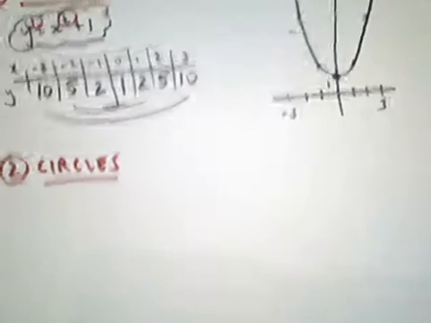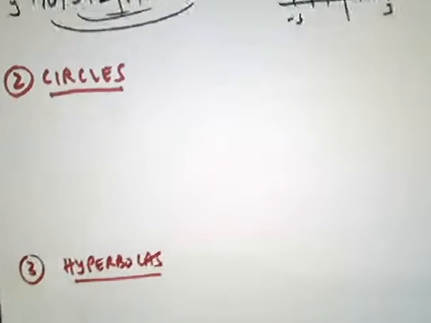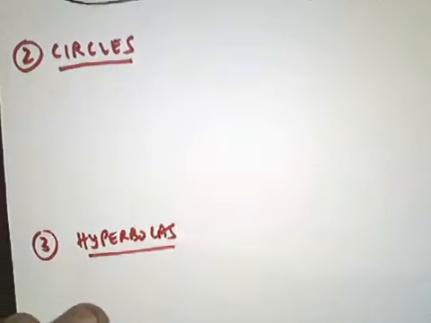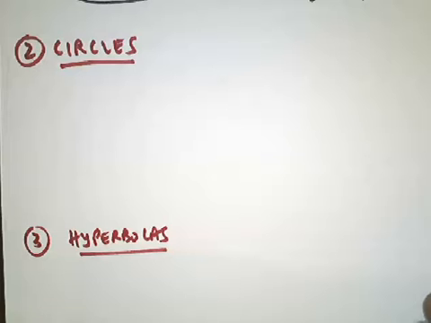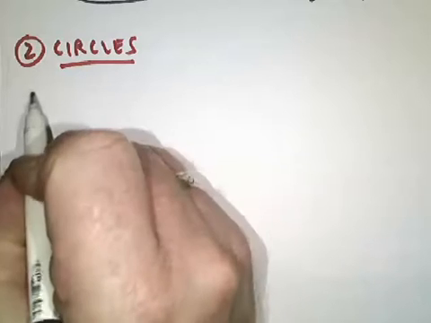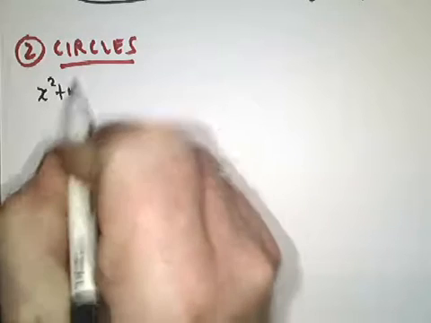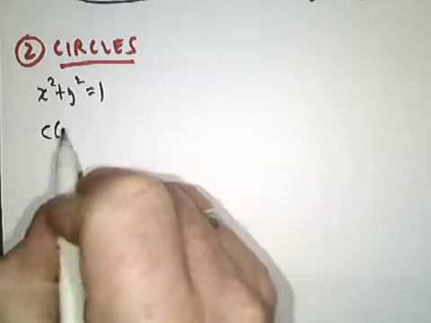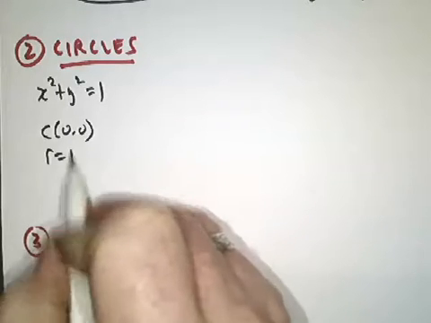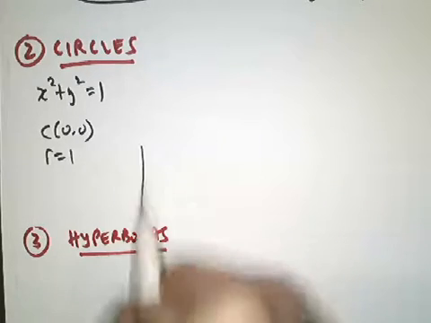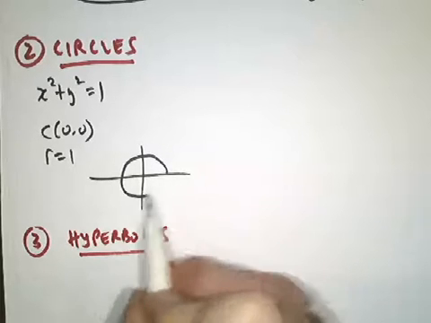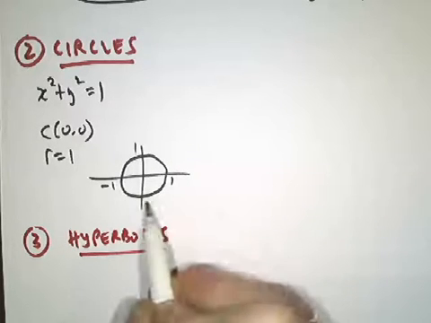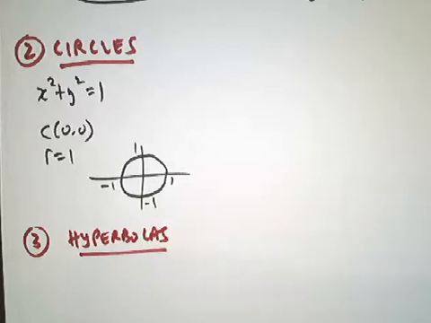What do I notice about circles? The general rule for a circle involves x squareds and y squareds. So x squared plus y squared equals 1 is a circle with the centre at 0, 0 and a radius equal to 1. And that's what it would look like.